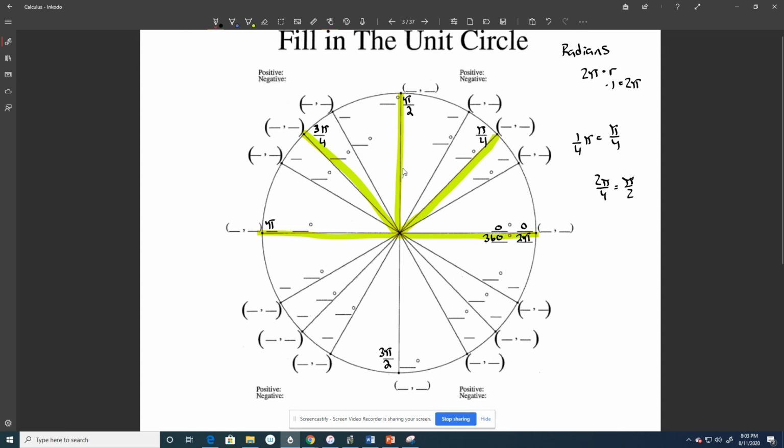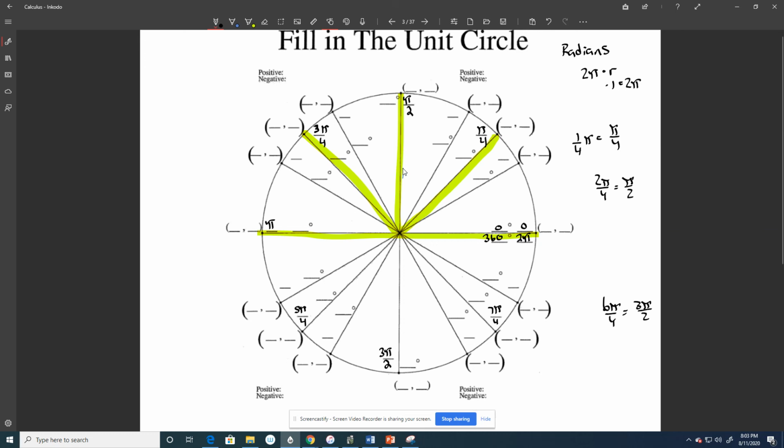If I go another fourth, I'm at 5 pi fourths. And another fourth would take me right here to 6 pi fourths. But as you can see, 6 pi fourths, we've already found that that reduces to 3 pi halves. So if I go another fourth, now I'm at 7 pi fourths. And then one more takes me to 8 pi fourths, which I already have as 2 pi.